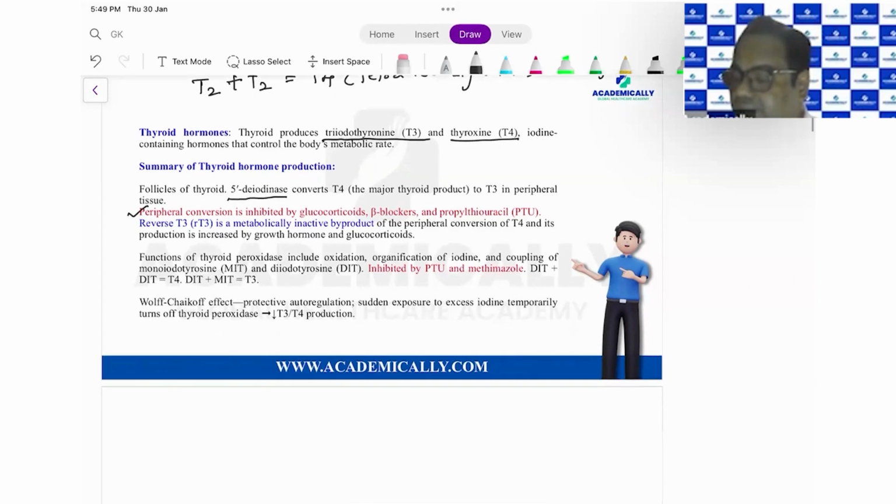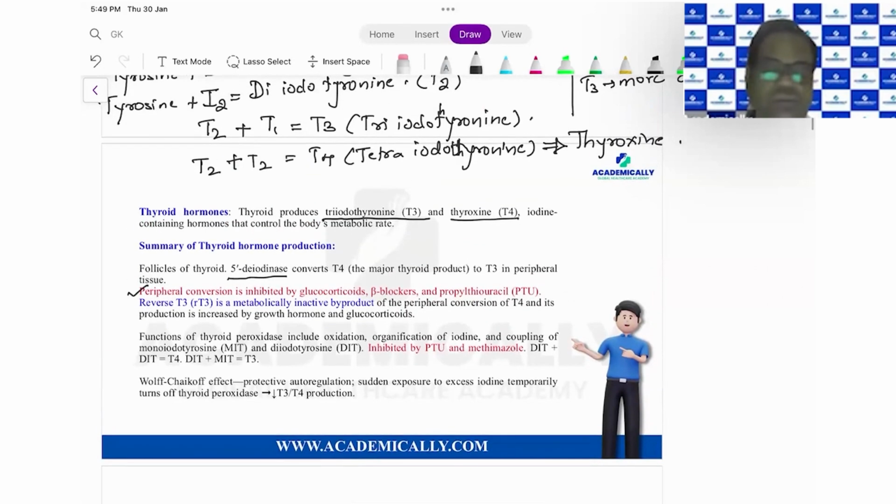Then we have something called reverse T3. Now you must have wondered why I am writing T2 plus T1, T2 plus T2. Why not write T1 plus T2? That is important because in chemistry we have spatial configuration. When T2 combines with T1, it forms T3, that is triiodothyronine.